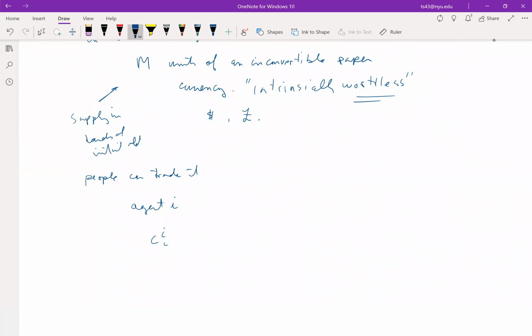When it's young, it can buy consumption, and it can also acquire money, these dollars, on these terms. It can take some of its endowment, YI, and allocate it partly to consumption, but it can also save now in the form of this unbacked currency.